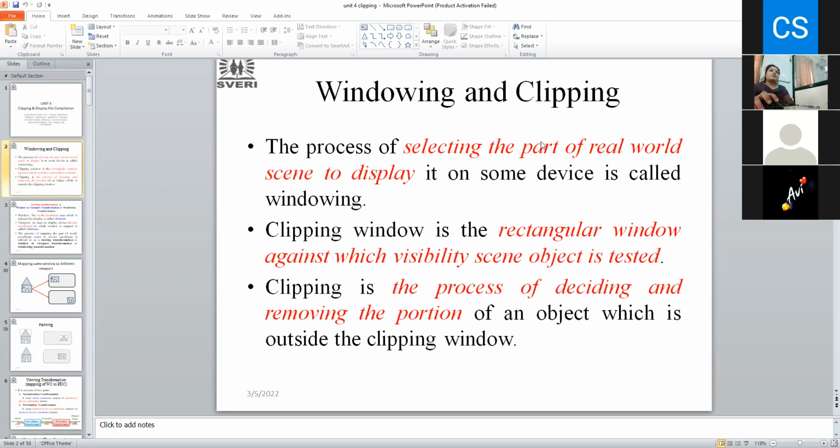What is windowing and what is clipping? So the example is, whenever we are taking the photograph of any scene in nature, we are taking only some portion of that whole scene.